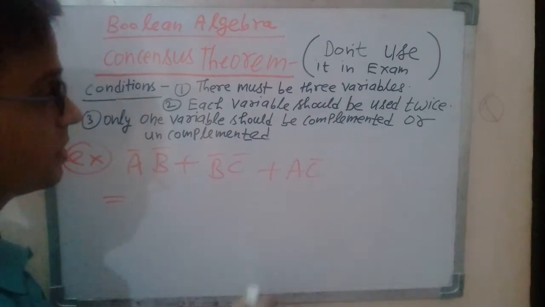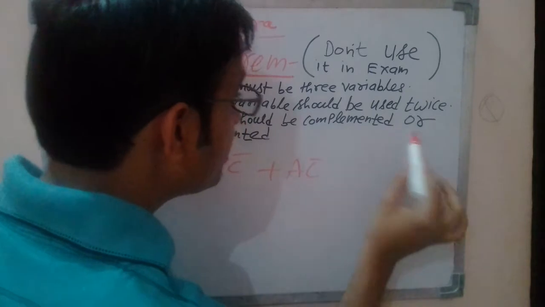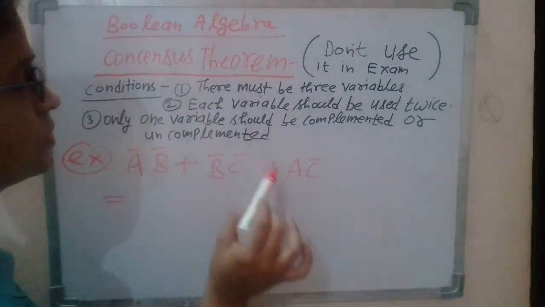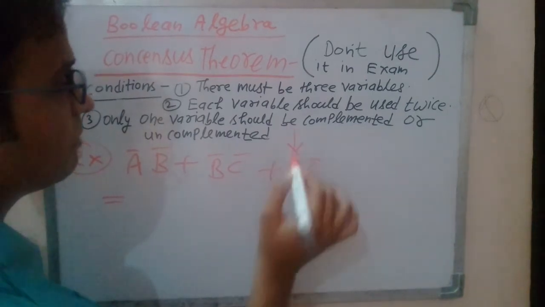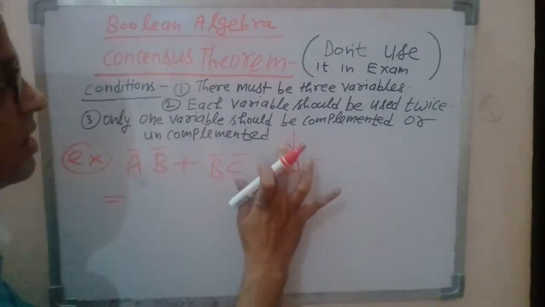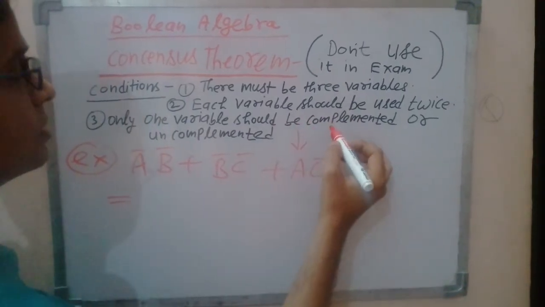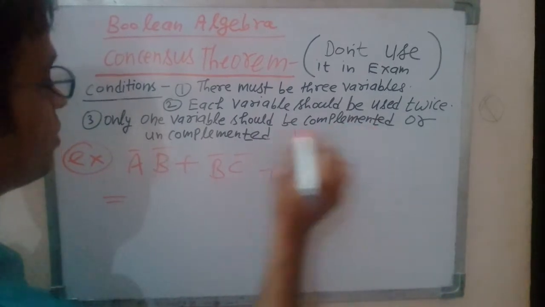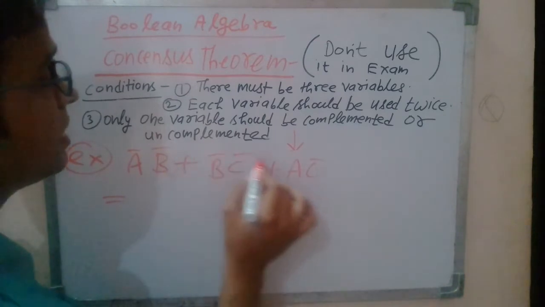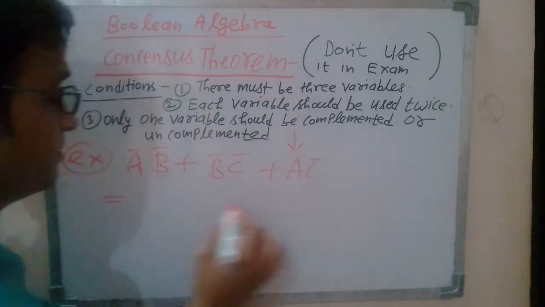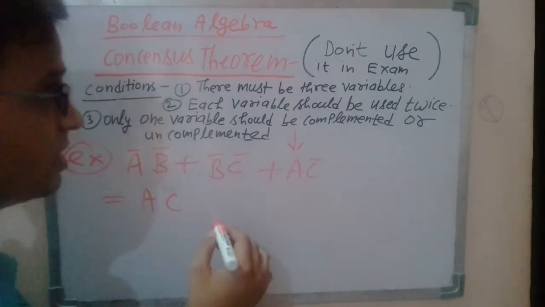Answer is yes. What is the third condition? At least one variable should be either complemented or uncomplemented. A is available in uncomplemented form, but not in complemented form. So this is the unique term. Identify the unique term and write the related term, that is the answer.